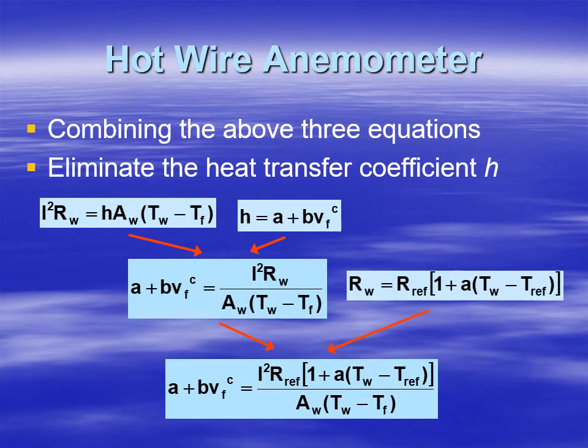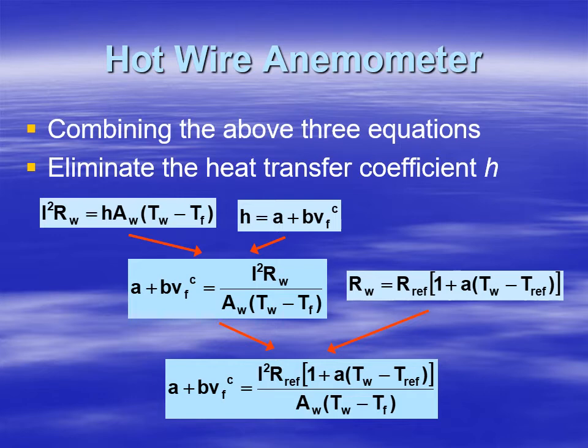So here are our equations. Yikes. The one on the top left is the power balance. The one on the top right is the heat transfer coefficient. We're going to mash those two together and rearrange the equation a little bit so that we solve for the velocity of the wind raised to the c power you see there.